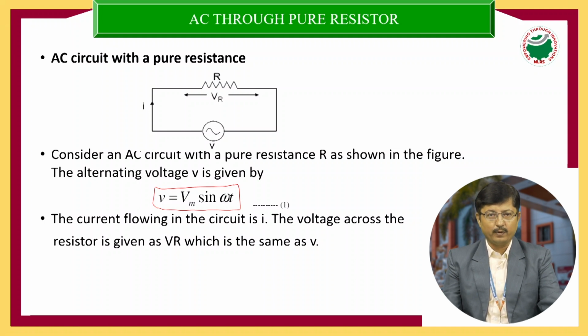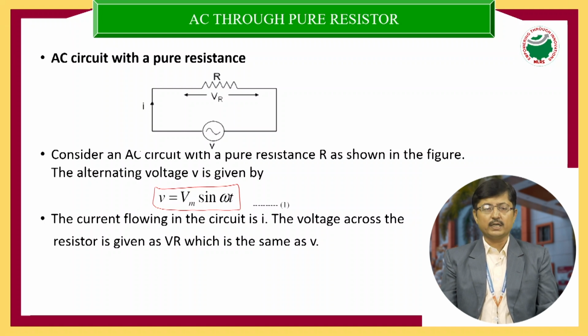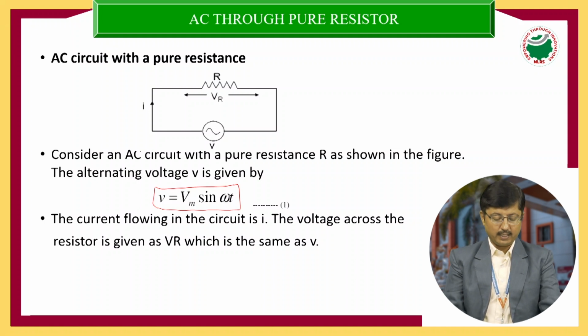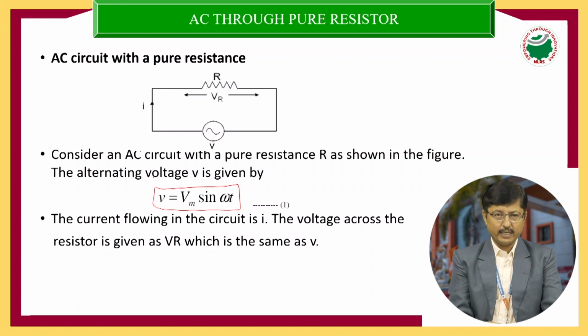Pure resistance means it does not contain any impurities. The property of a resistance, as you already know, is that it opposes the flow of electric current. Whenever we apply an AC supply to the resistance, current flows into the device.